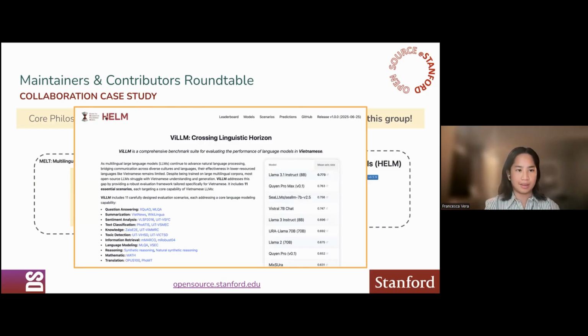So one of the ways that we can provide value is making other projects aware of similar projects and having that lead to opportunities of collaboration.